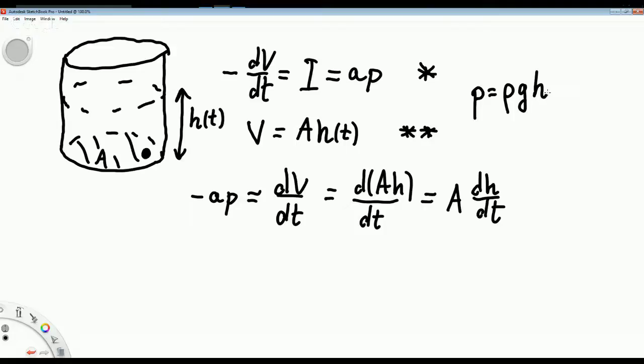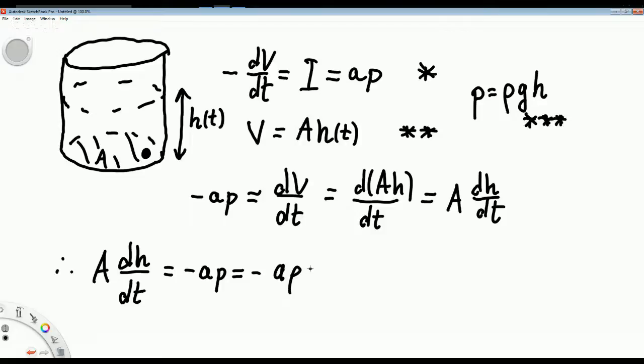So now let me combine this third equation, let me give it three stars, with the differential equation which we obtained for dH by dt. So I end up with A dH by dt equals minus AP equals minus A rho g H of t.